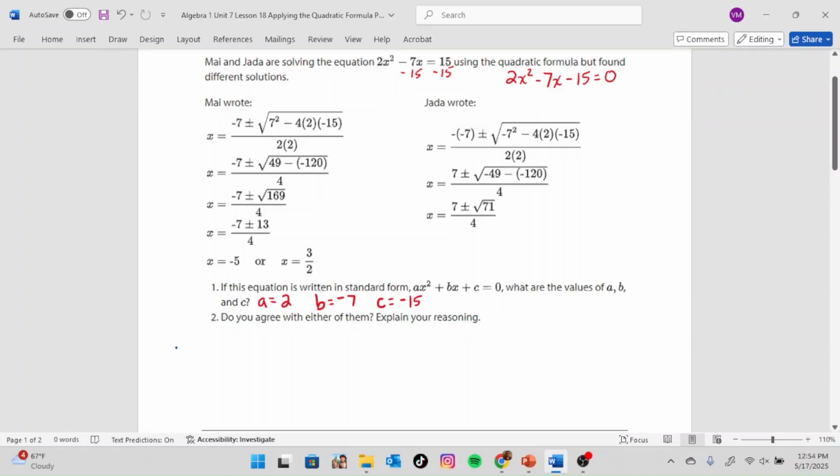Number 2. Do we agree with either of them? Explain our reasoning. So let's see how we would do it.